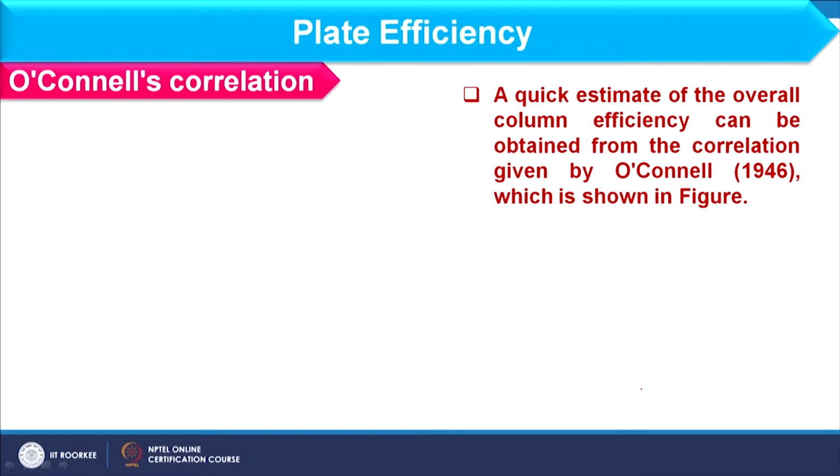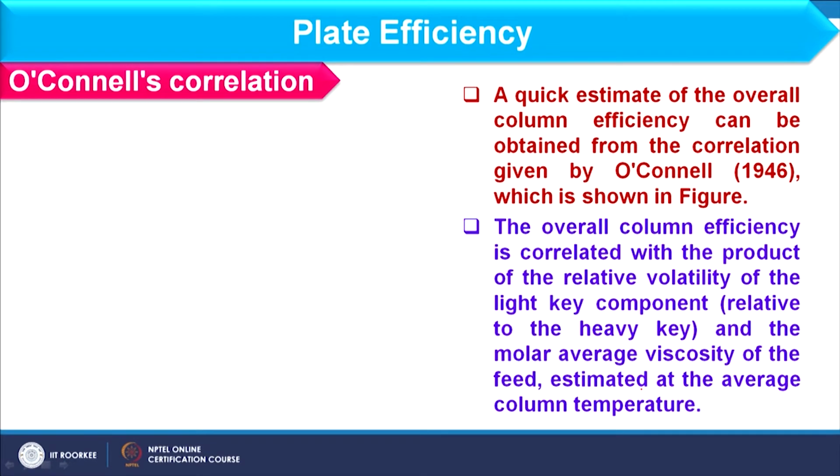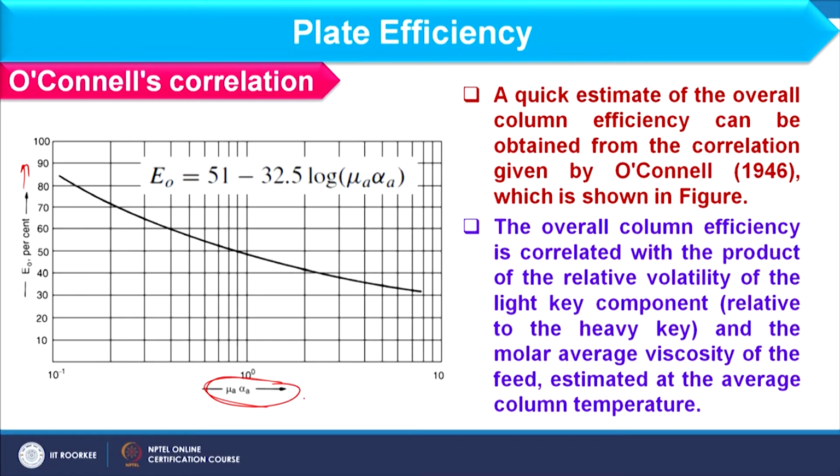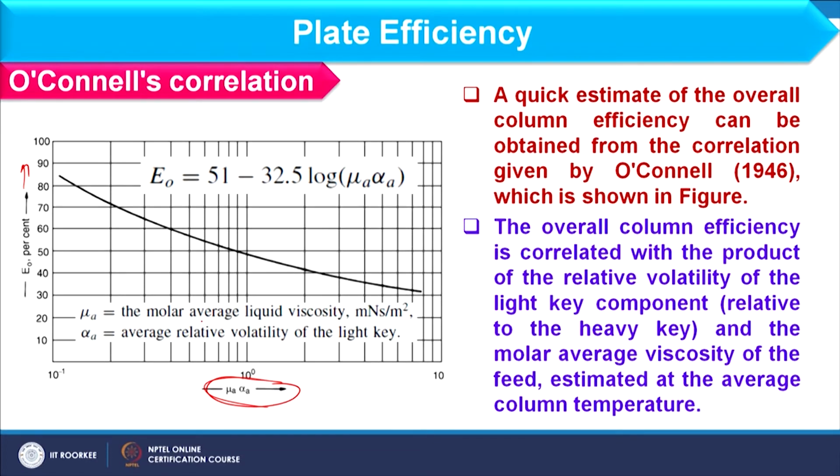It gives a quick estimation of column efficiency, and it is given by this graph, where on the y axis we have E naught, the column efficiency, and on the x axis we have mu A alpha A. Here mu A is the molar average liquid viscosity, and alpha A is the average relative volatility of the light key with respect to the heavy key. This E naught we can also calculate from this expression.